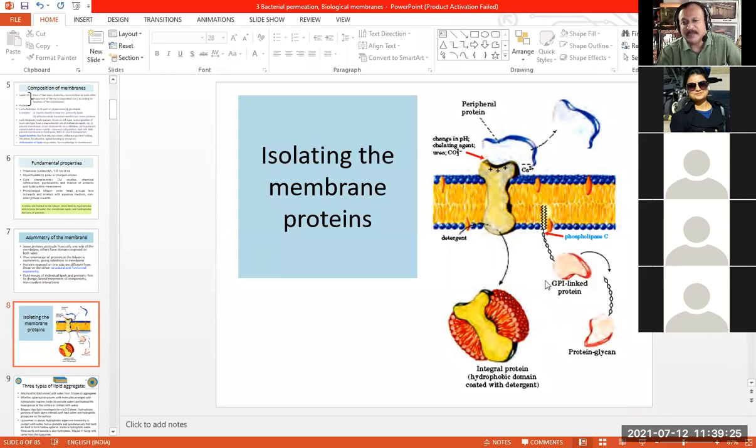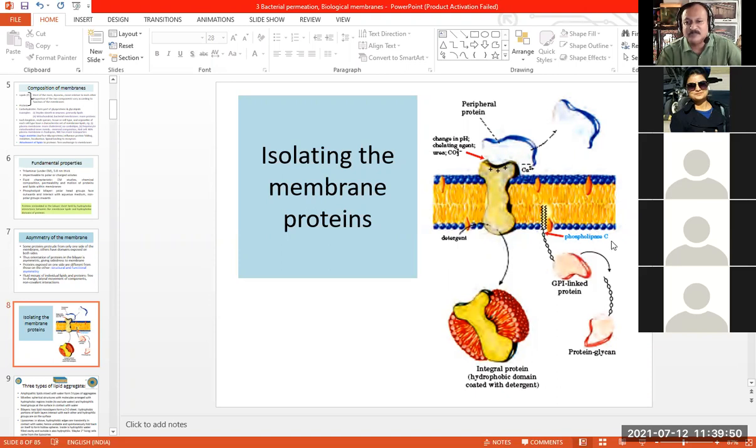And then there are certain proteins which can be removed by the action of enzymes. For example, this is a GPI linked protein, that is glycophosphatidylinositol linked protein, and this is also integrated with the membrane, although it is not completely spanning the membrane, but it is inserted within the membrane. And this protein can be isolated by using an enzyme.